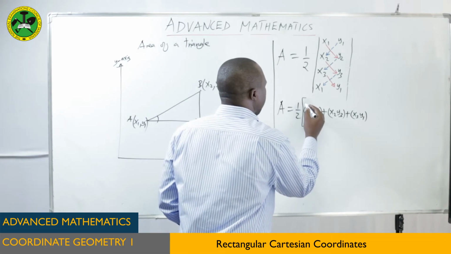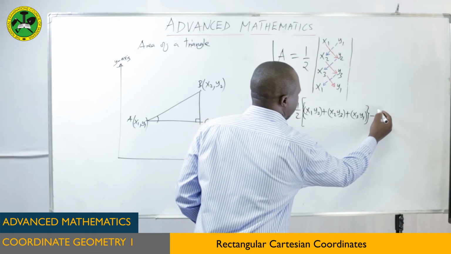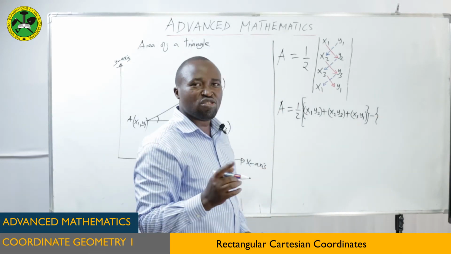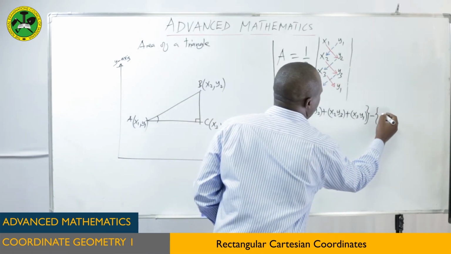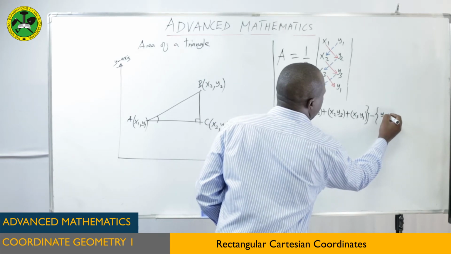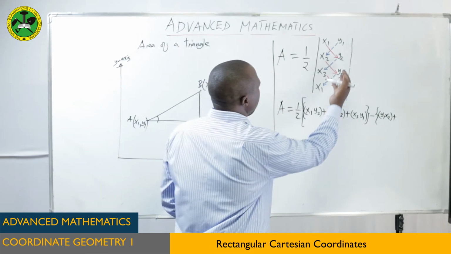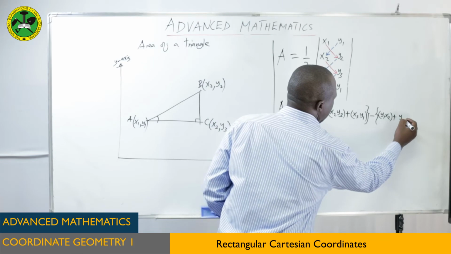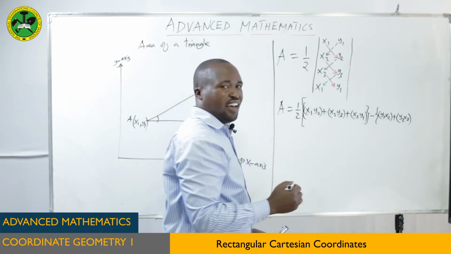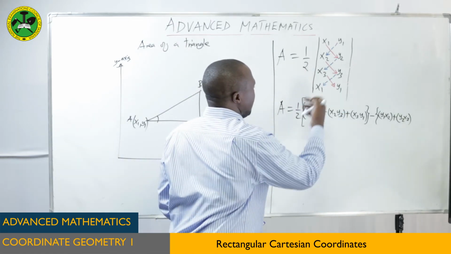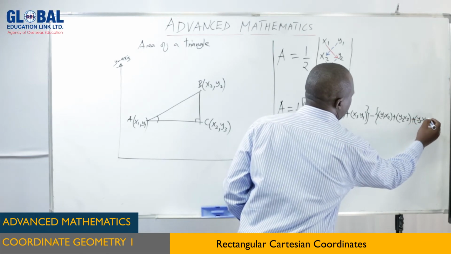Then we minus the dotted arrow, that is y1 times x2, plus y2 times x3, plus y3 times x1.